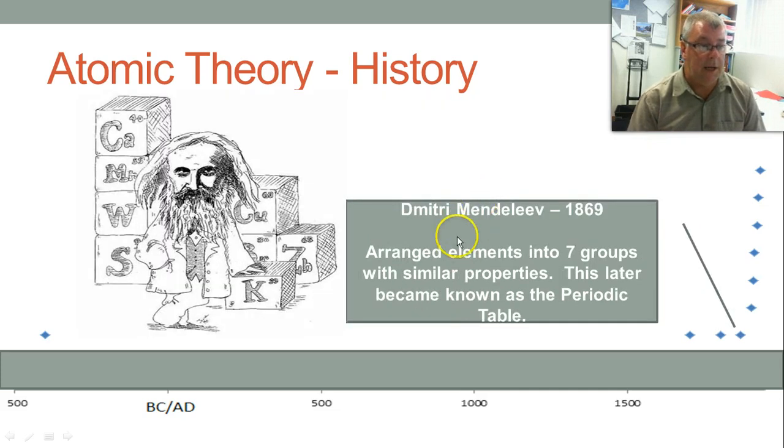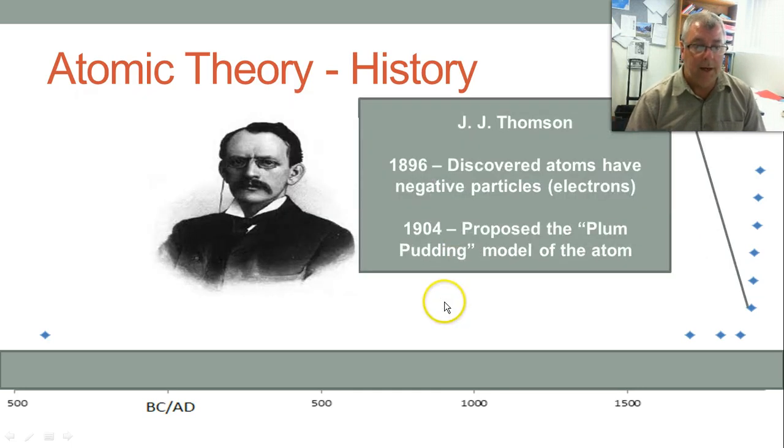And then this guy, Dmitri, started organizing what we know as the periodic table. People were organizing it before, but he came up with the one that people have accepted nowadays and use pretty much. Now we were still discovering things about these atoms, and J.J. Thomson discovered that there were negative particles, what we would call electrons.